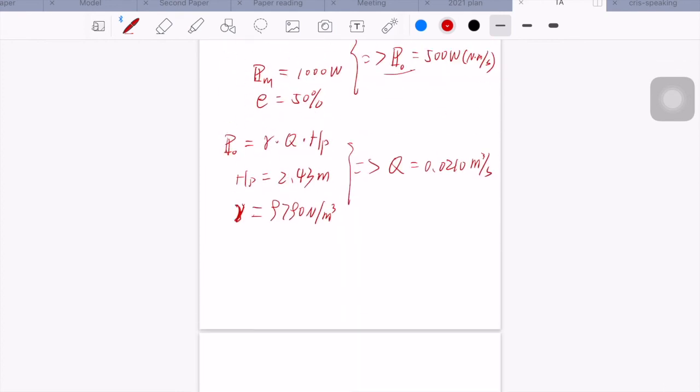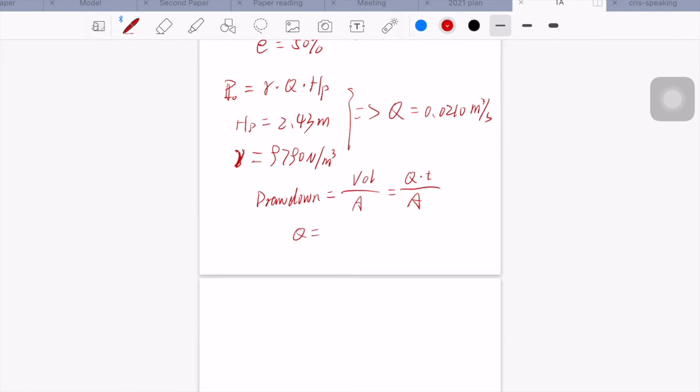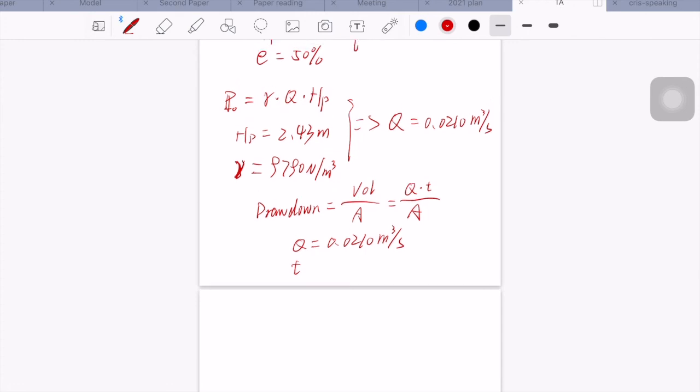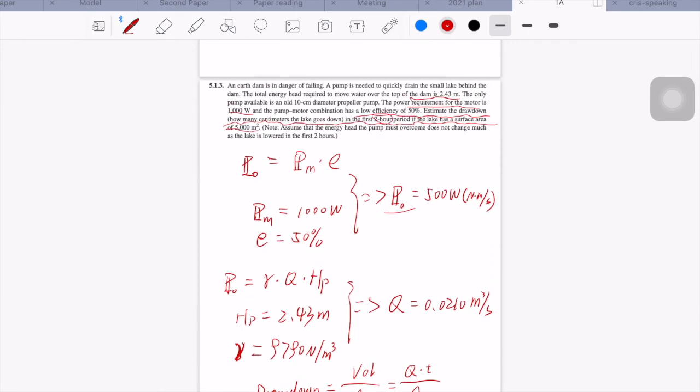And the drawdown should equal the volume divided by the surface area of the lake. And the volume equals the flow rate times the time, divided by A. We know Q, the flow rate, equals 0.0210 cubic meter per second, and the time is 2 hours.